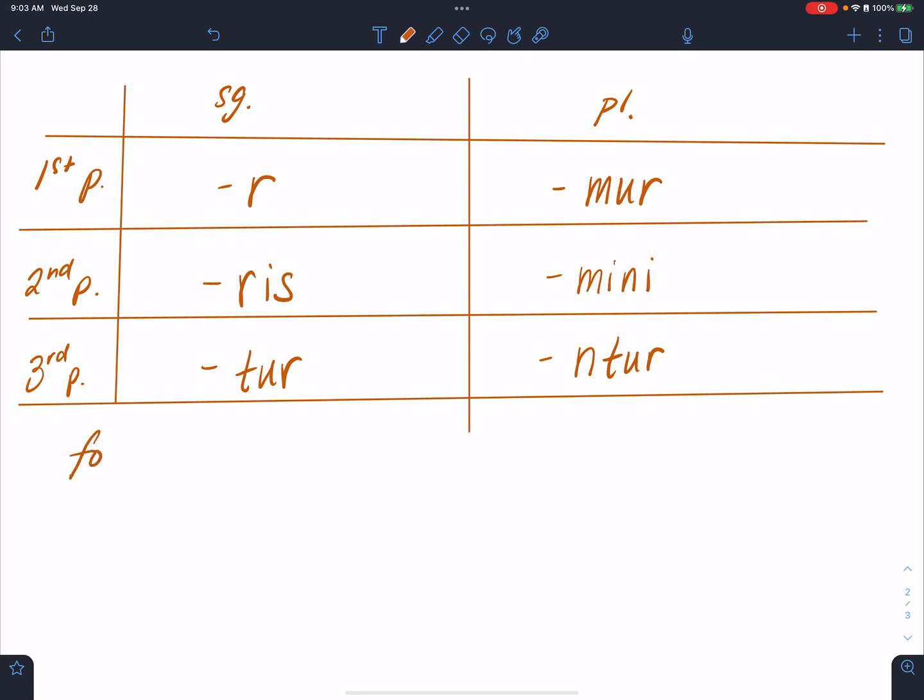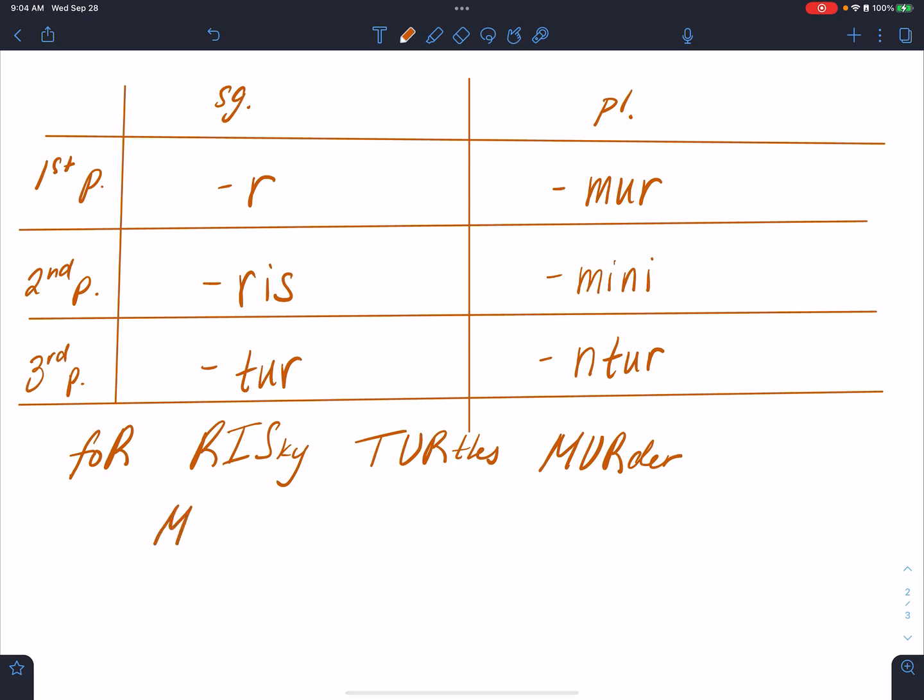Okay, four risky turtles murder miniature centurions.